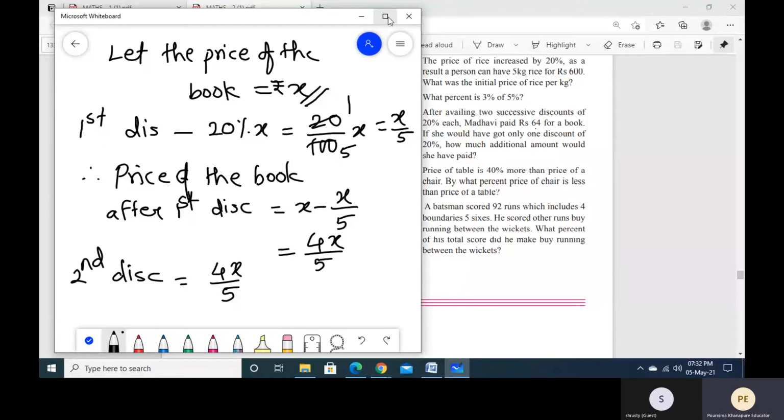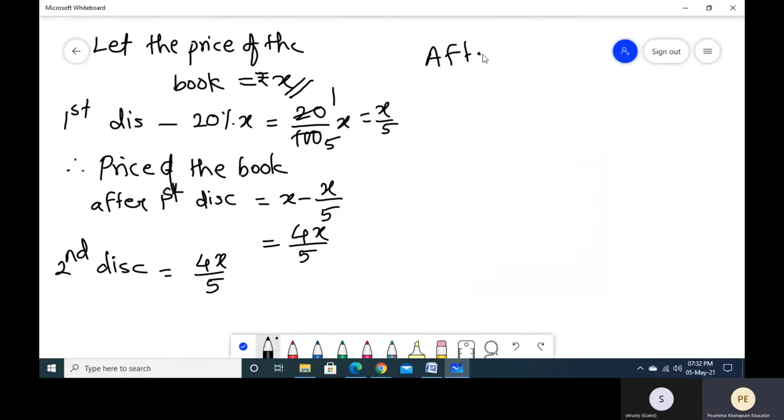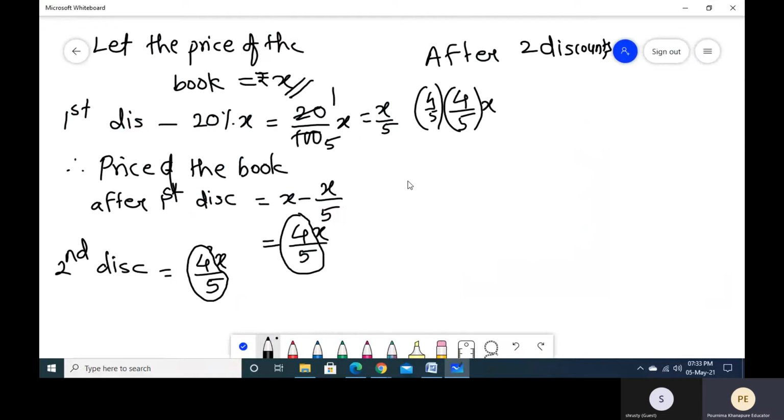That means after two discounts, the first is 4 upon 5 into X, second is again 4 upon 5 of that. The final price is given as 64 rupees. So what is X? So this is 16 upon 25 X is equal to 64. So X becomes 64 into 25 upon 16.